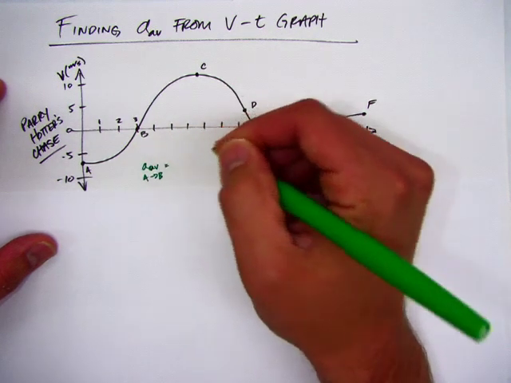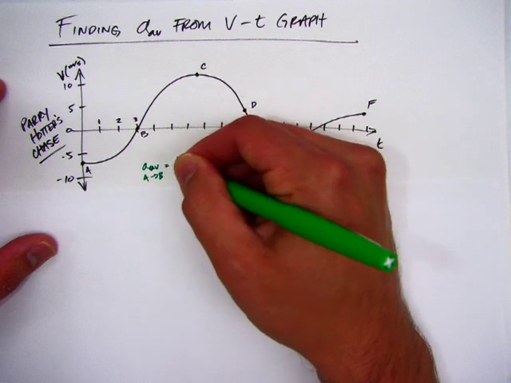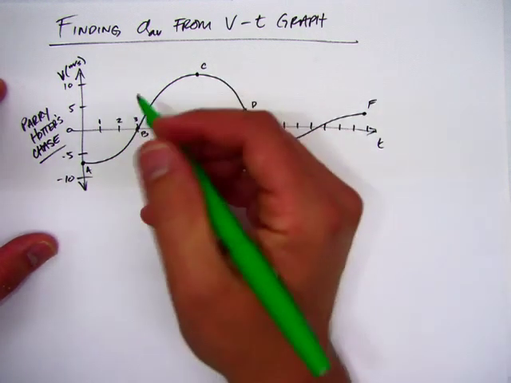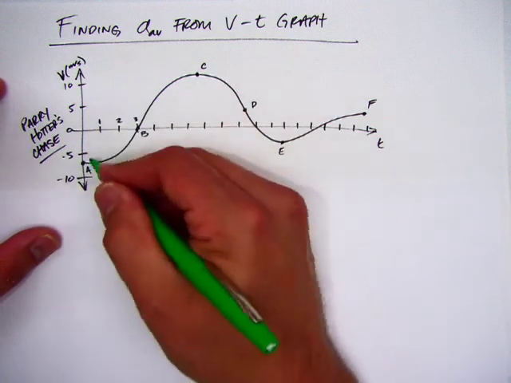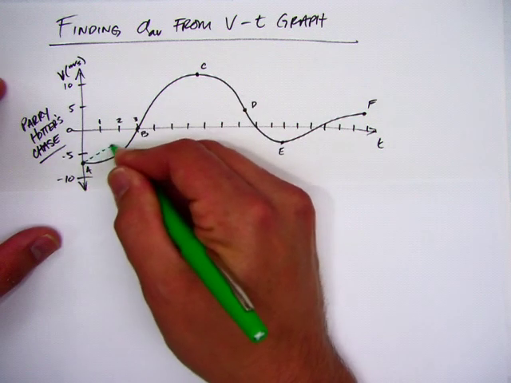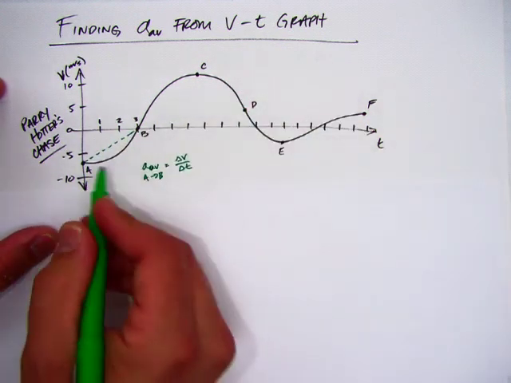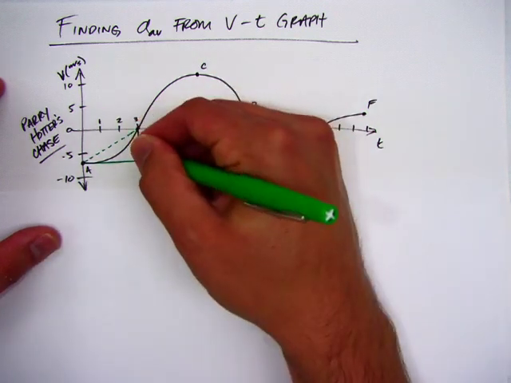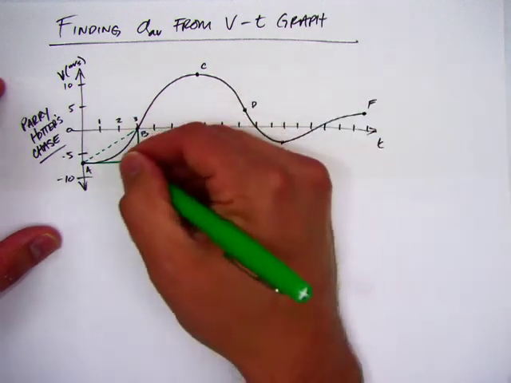Well, we know that it has something to do with his change in velocity over the amount of time that goes by. So what I can do here is connect A to B and then draw my triangle here.